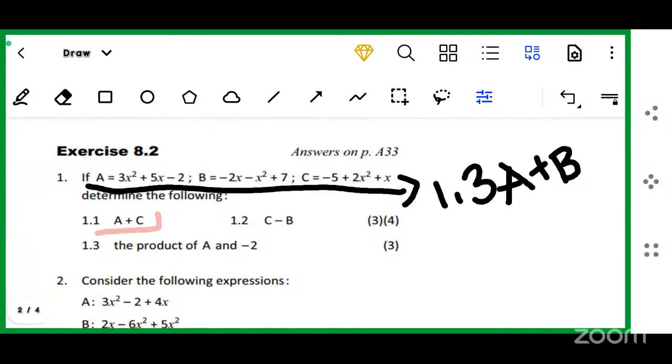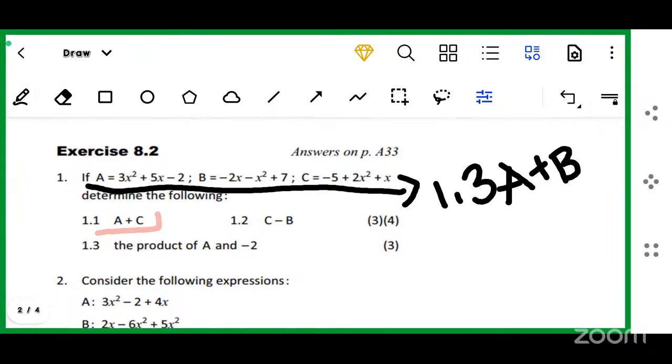When you times. Perfect. So now you're going to find the product of A and negative 2. What do you think we're going to write if they told you that? You are supposed to multiply or times the given information.